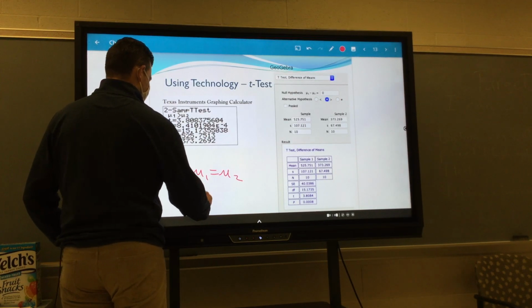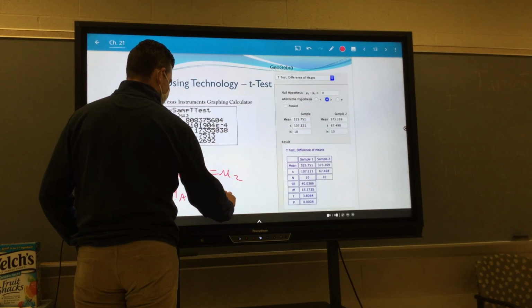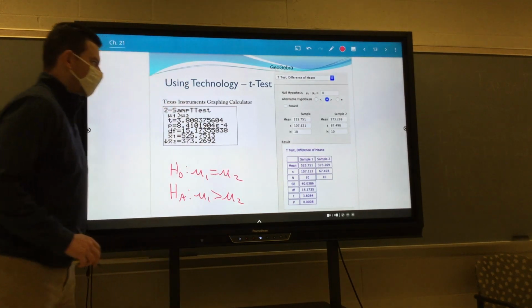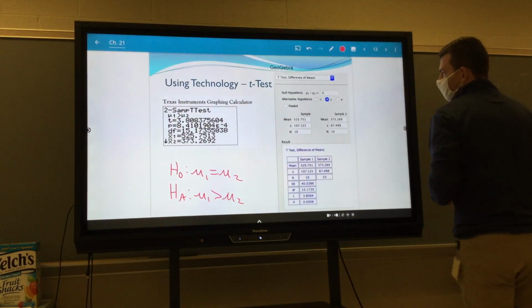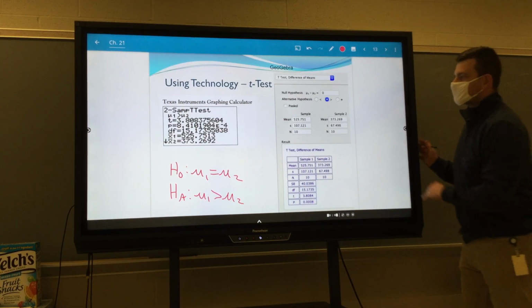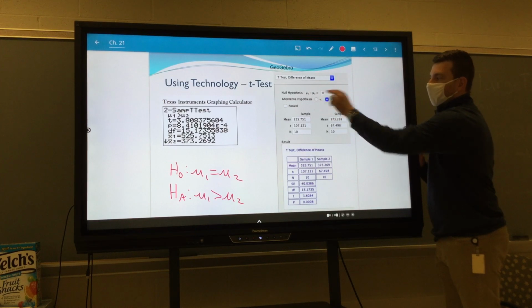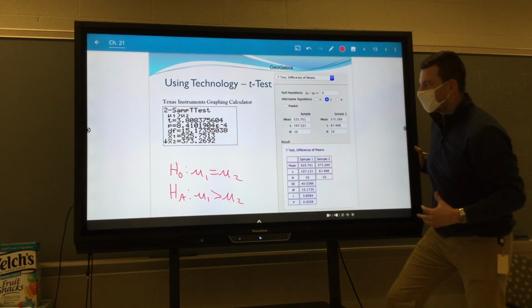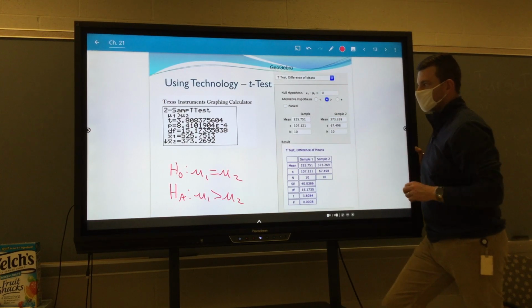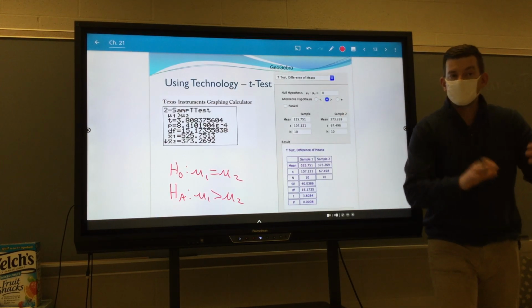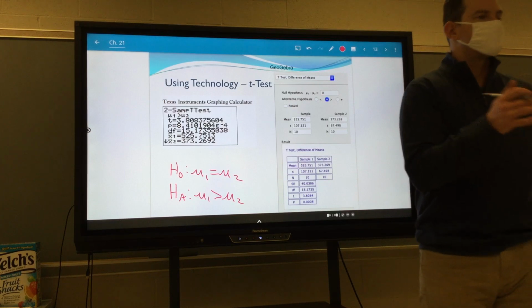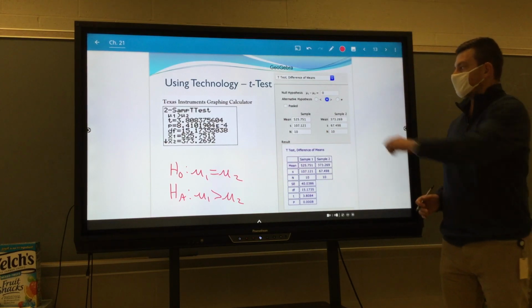Our alternative hypothesis is that mu1 is greater than mu2. On GeoGebra, they have it set up in that older format where mu1 minus mu2, we are testing to see if that is 0. Theoretically, you could say that you expect a difference of 20 or whatever number you want to put there.